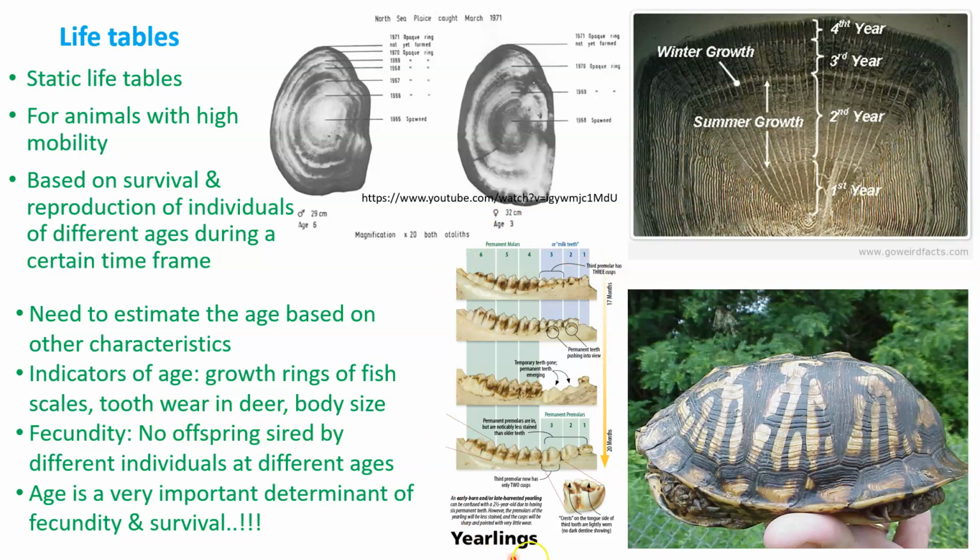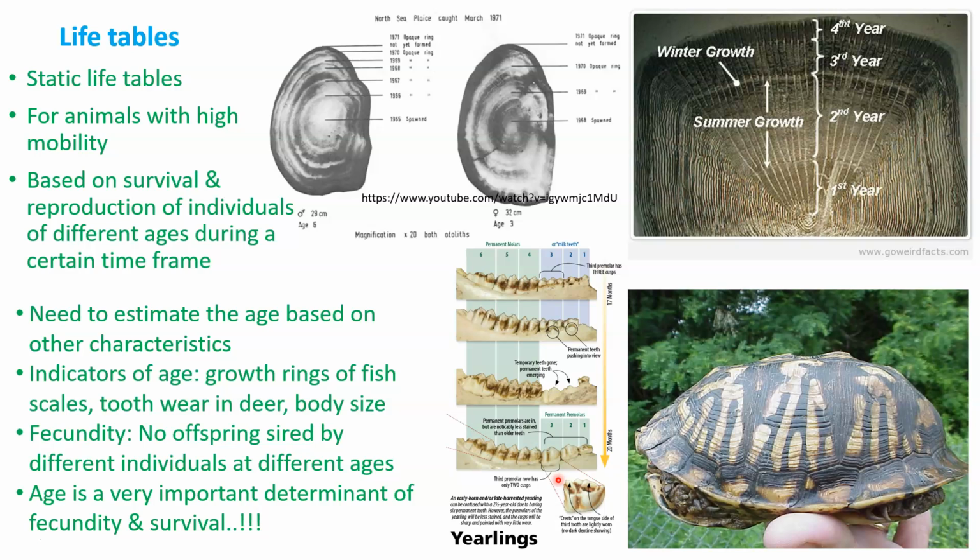When it comes to deer, this is a photograph of a deer lower jaw, right? The tooth wear pattern is also indicative of the deer's age, right? The teeth of deer have a very tall crown, right? When they start, the teeth are much taller in crown height.